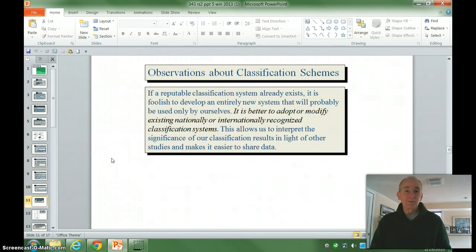Classification schemes, there are lots of different ones out there, and the most common come from organizations like the USGS, also the Bureau of Land Management, and some other federal organizations have their own classification schemes that they use, like the U.S. Department of Agriculture.